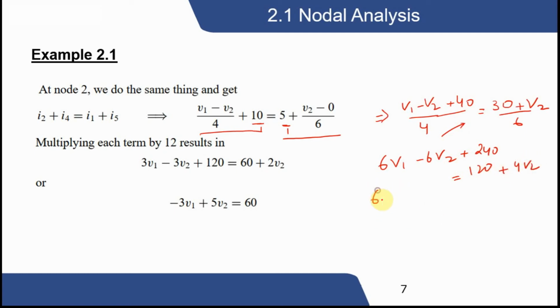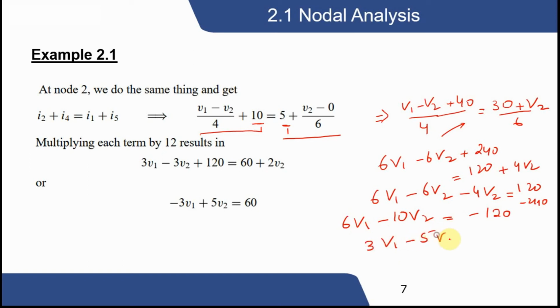So we can say 6V1 minus 6V2 minus 4V2 equal to 120 minus 240. So we have 6V1 minus 10V2 equals minus 120. If we divide by 2, it becomes 3V1 minus 5V2 equal to minus 60, or if you take a minus common on either side, we can have this equation.